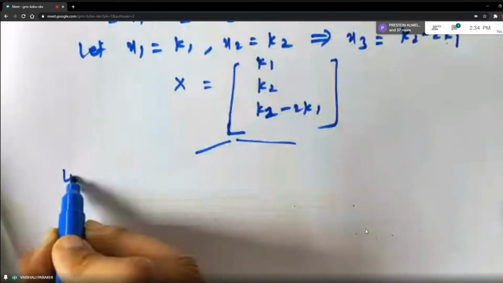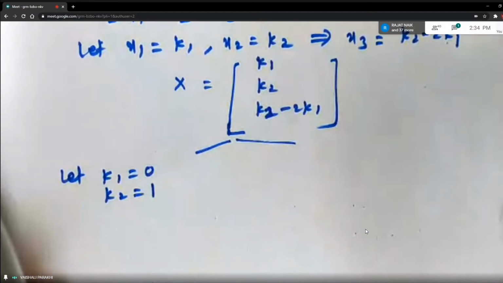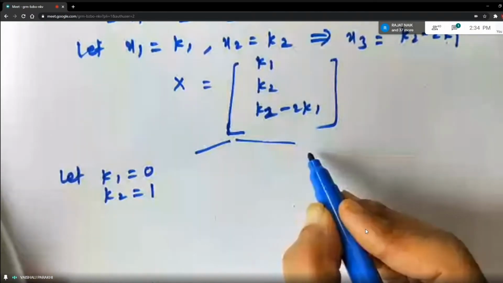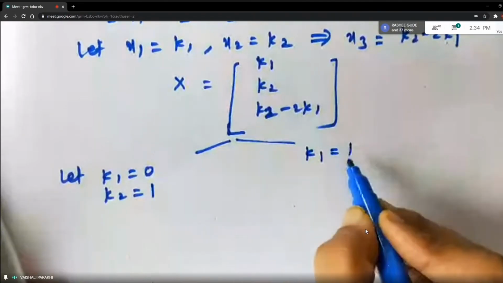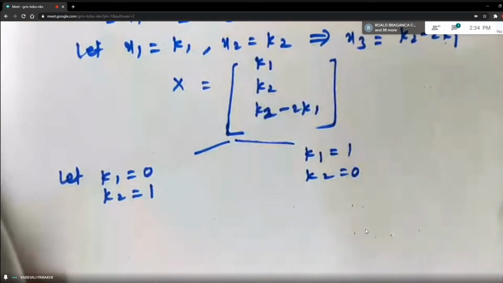So I am choosing k1 equal to 0 and k2 equal to 1. And in the second place I am choosing k1 equal to 1 and k2 equal to 0. It is allowed, I am just interchanging the values. But never take all elements 0, 0, 0, because an eigenvector is never 0, 0, 0.